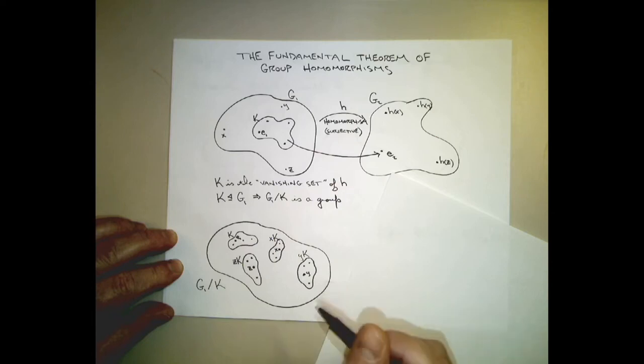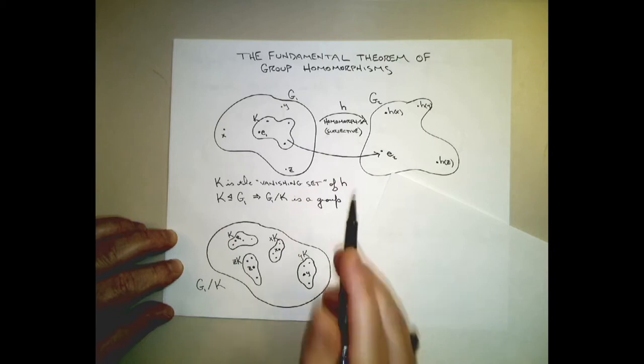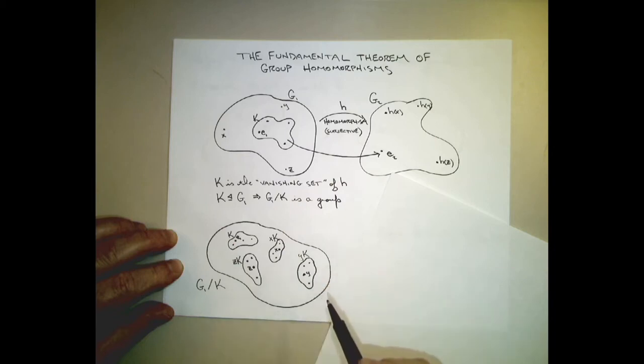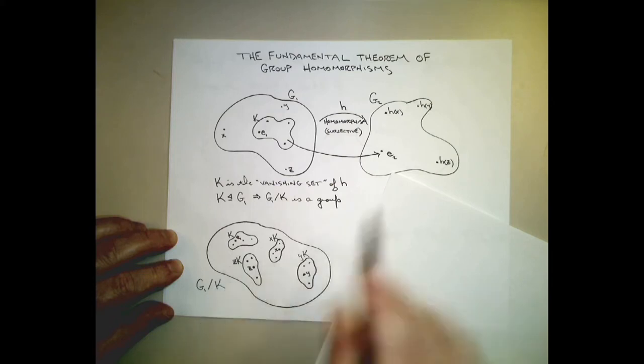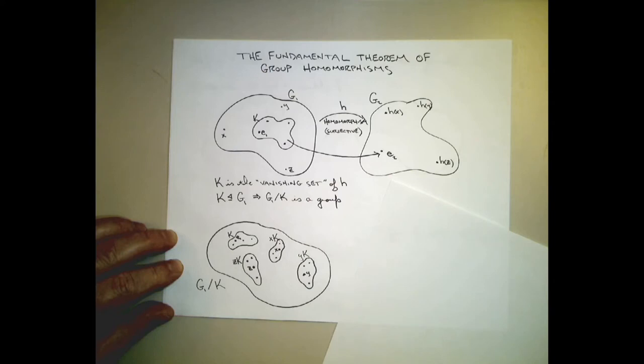What the fundamental theorem of group homomorphisms is going to tell us is that not only is K normal, and therefore we get a quotient group, G1 mod K, but that this quotient group is going to turn out to be isomorphic to our group G2, to the range group of our homomorphism.